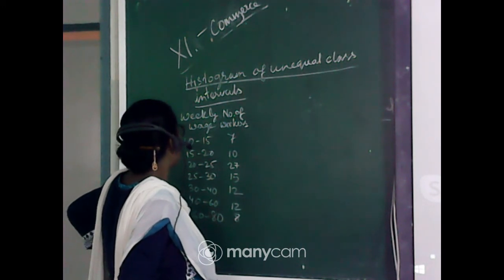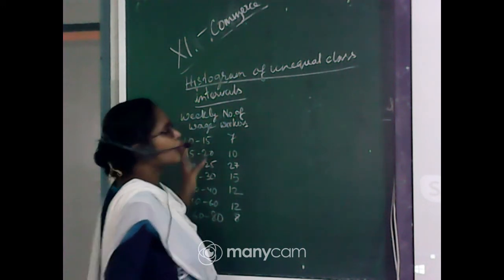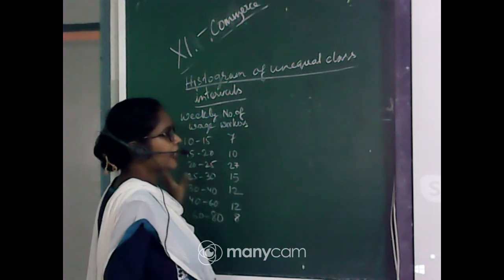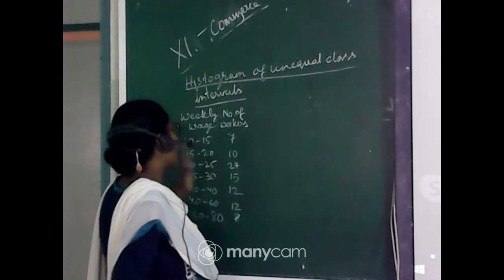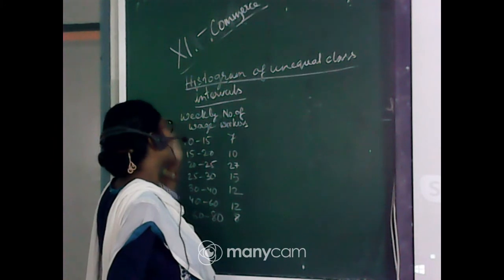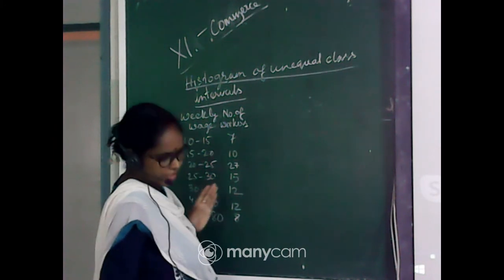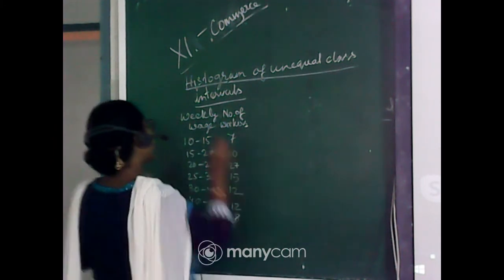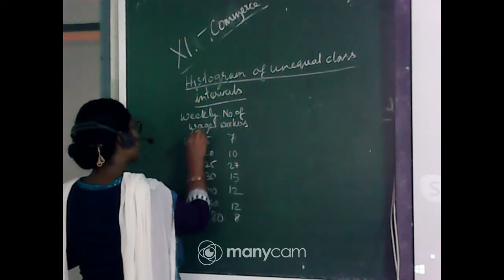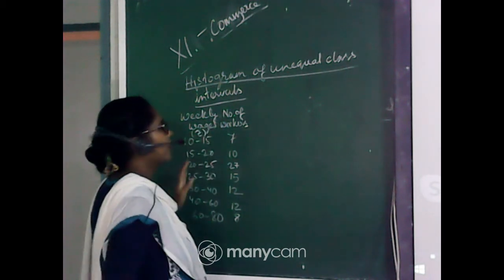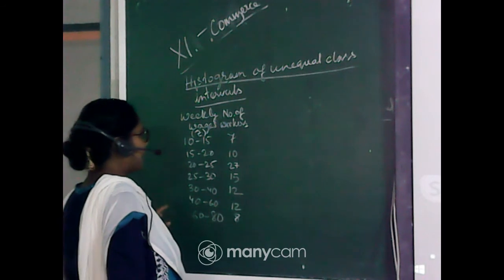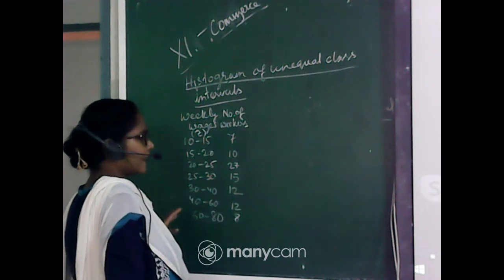I will dictate this. First make two columns. In the first column write the heading weekly wages in rupees.